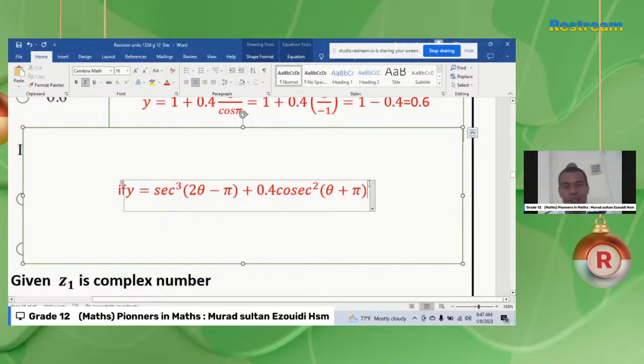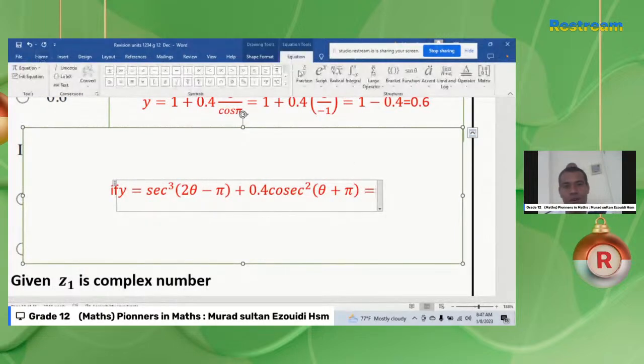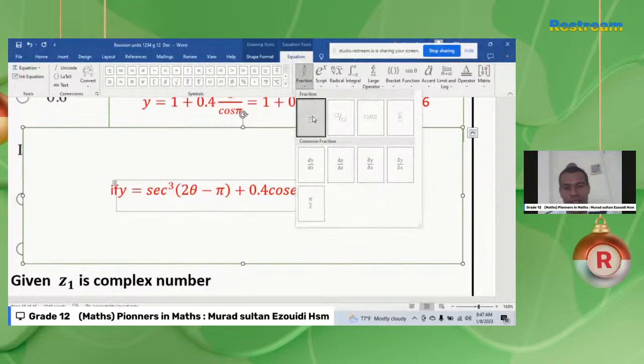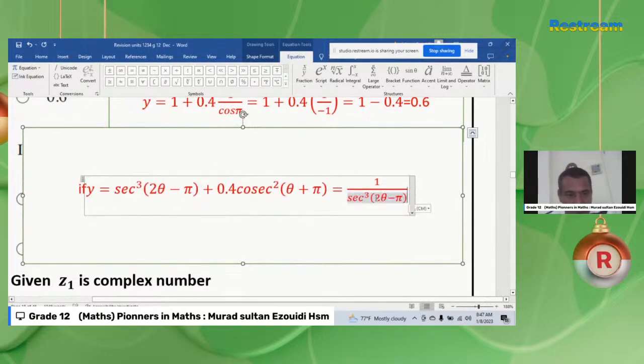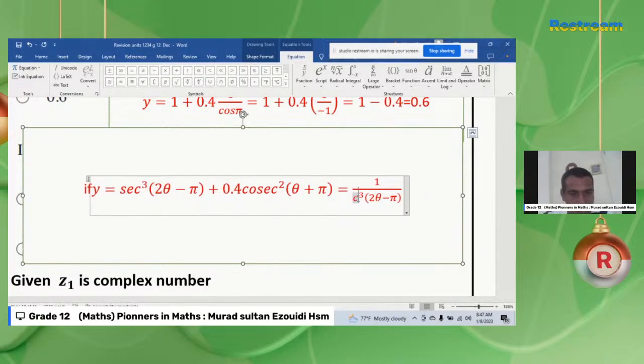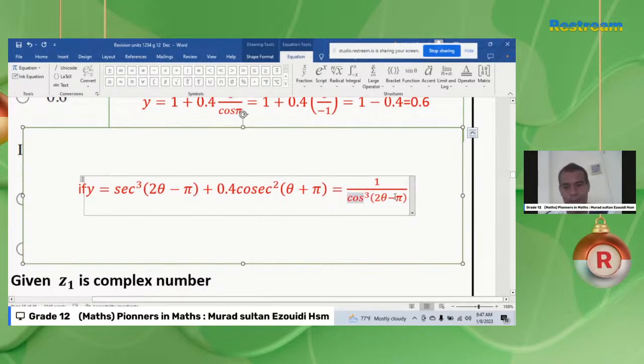It will be equal to 1 over cosine cubed of 2 theta minus pi.